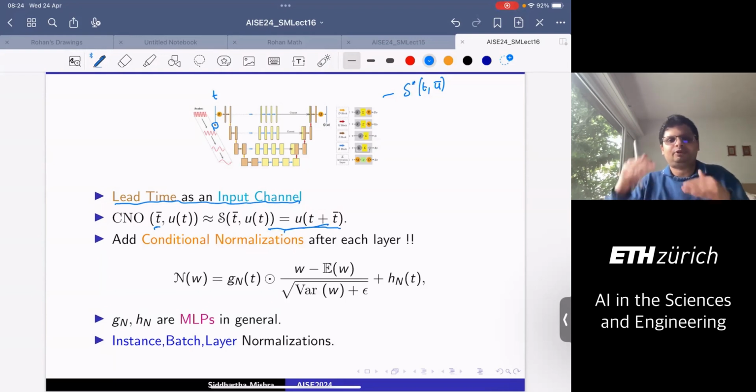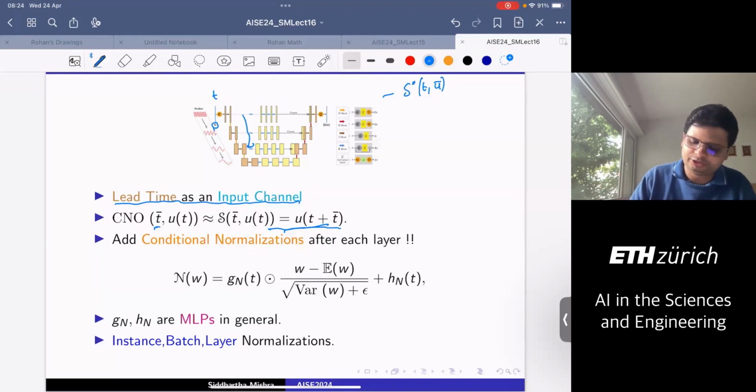But remember that what we are doing is that we are stacking up lots of layers. So even in a CNO, some of the largest models that we have, we could have anything between 20 and 30 layers. So what happens is that if you only give time as an input at the very beginning, there is a potential that the effect of this time is not properly propagated, right? It has to take into account time, it has to take into account initial data.